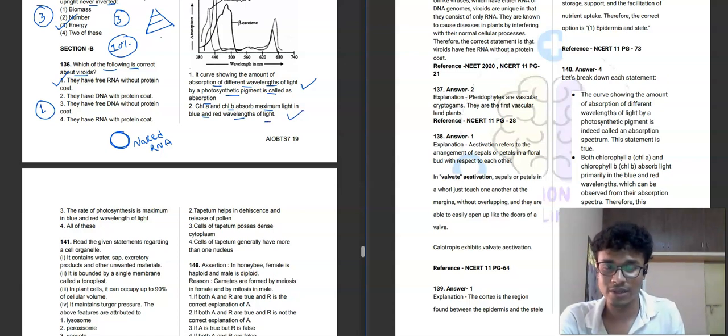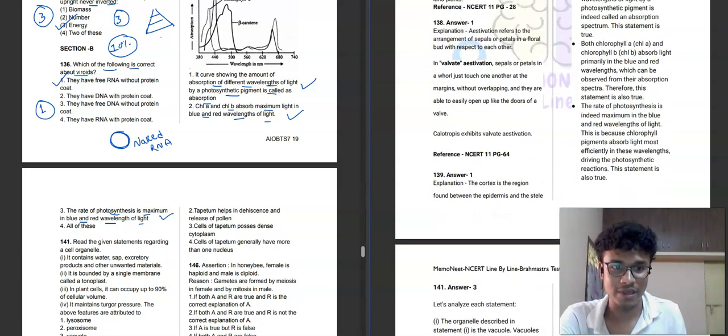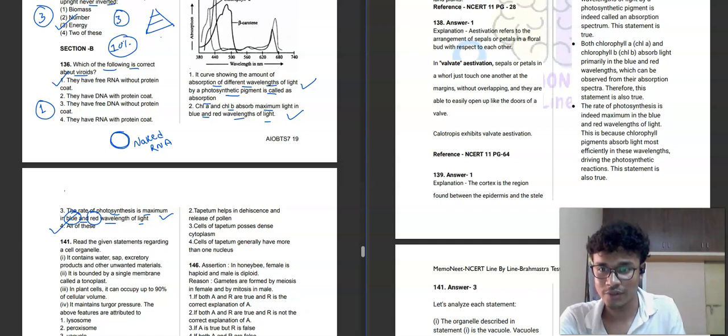And the last statement says that the rate of photosynthesis is maximum in blue and red wavelengths of light. It is also a correct statement. Why does this happen? Because chlorophyll pigments absorb light most efficiently in these wavelengths, which are blue and red. That's why this statement is also correct. So, considering all the statements are correct, the fourth option will be the correct answer for this question.